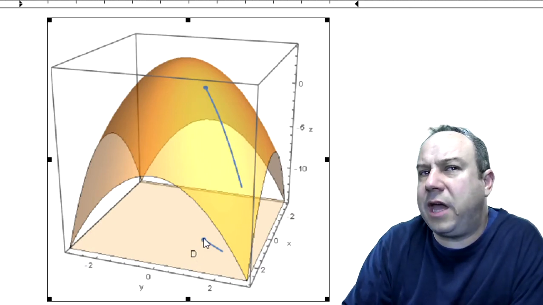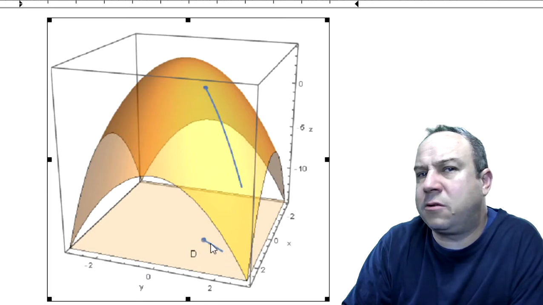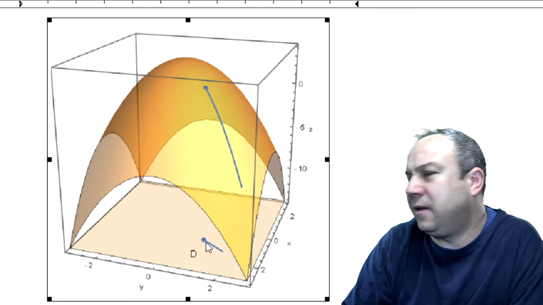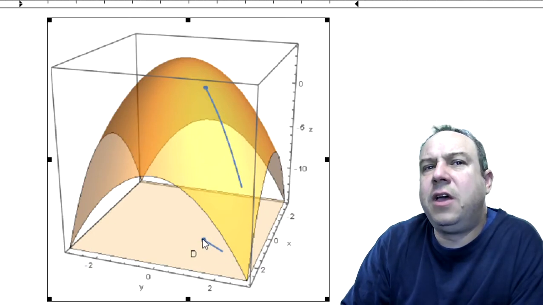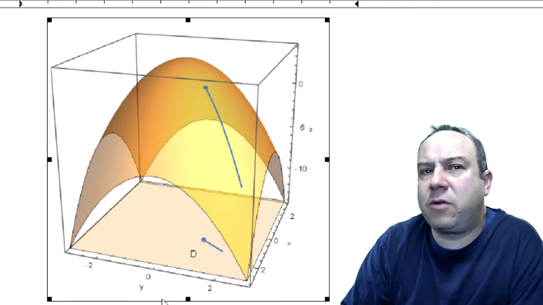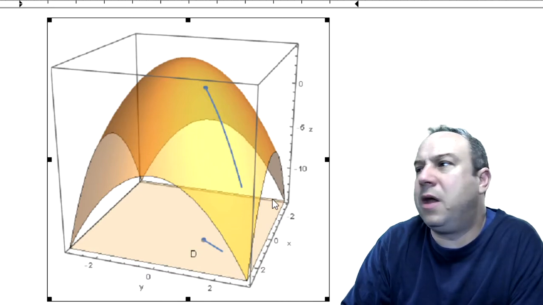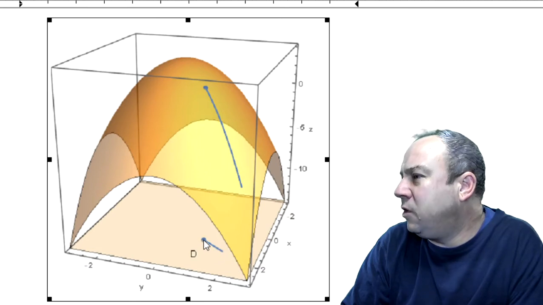We're at that location 1 comma 1. We are moving in the direction of this unit vector seen here in that domain. That is in the direction of 2 units in the positive direction for x, 3 units in the positive direction for y, but 1 unit in length in that description.